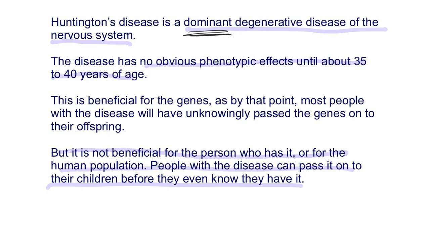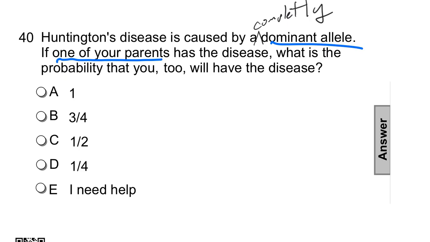The sad thing about that is you can have kids and pass it on to your kids without knowing, until you start getting the symptoms in mid-age. So Huntington's disease is caused by a completely dominant allele. You could have it if you were homozygous or heterozygous.